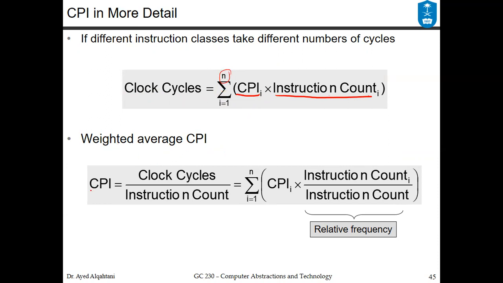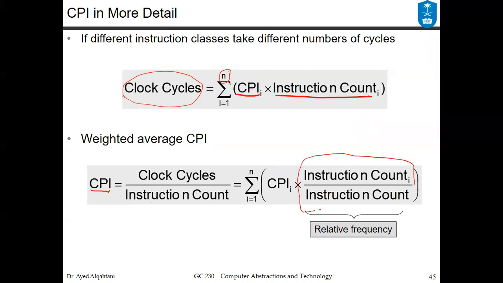Now, if we want the CPI, we could have a weighted average CPI, meaning we take the clock cycles that we got here and divide them by the instruction count. To do this, you can do the summation over those different classes. The summation of this term, which is the CPI of that class, times the fraction of the instruction count of that class divided by the total number of instructions. This gives you a percentage.